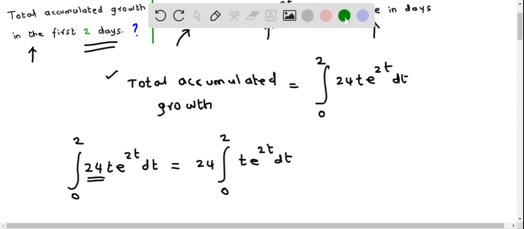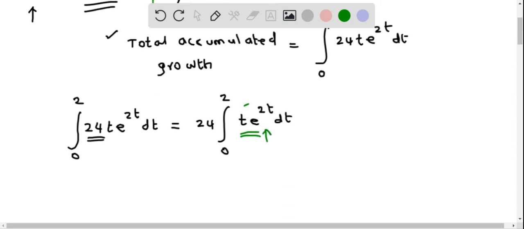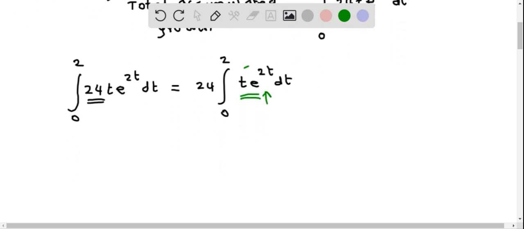Now we have a product of two different types of function. This t function is algebraic, and this e raised to the power of 2t is an exponential function. So when we have a product of two different functions, we can follow the integration by parts method.